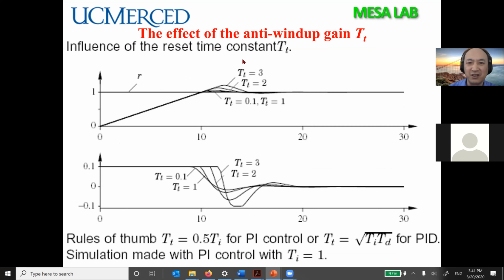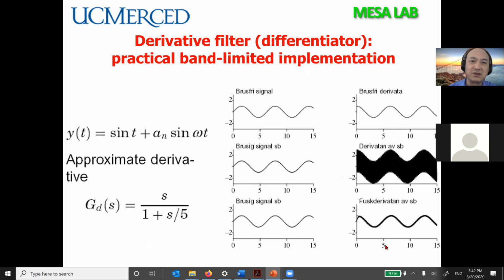If Tt is infinity, you don't have anti-windup. There's a rule of thumb that the anti-windup coefficient should be half of the integration coefficient. Some people say it should be the geometric mean of Ti and Td for PID. Remember, I'm using Ti and Td, this is called the traditional form. Okay, I'll go back to this point.